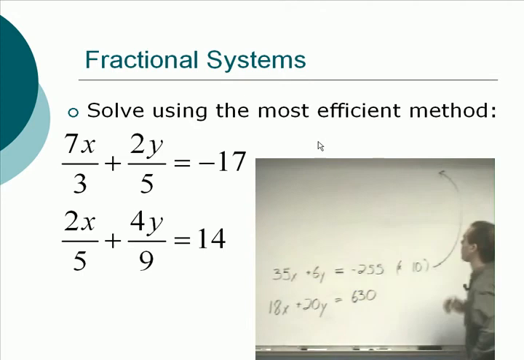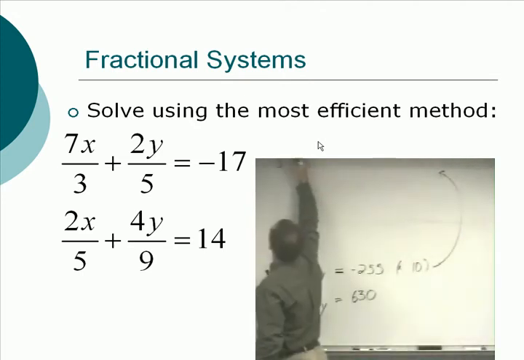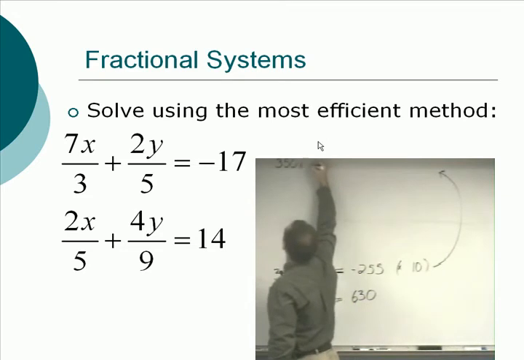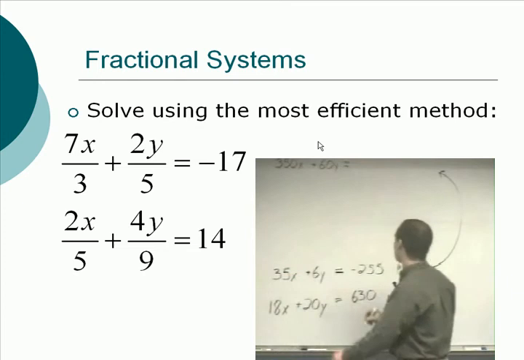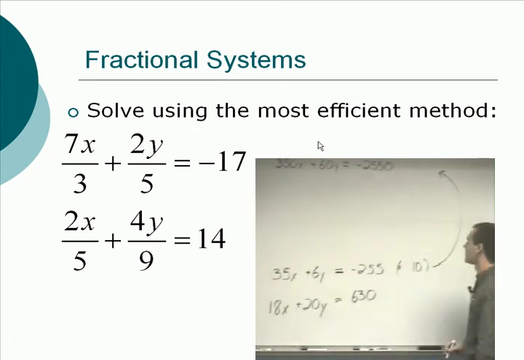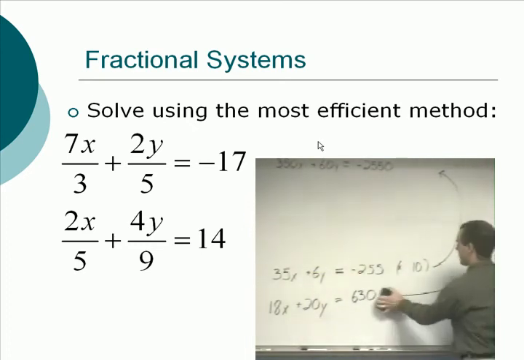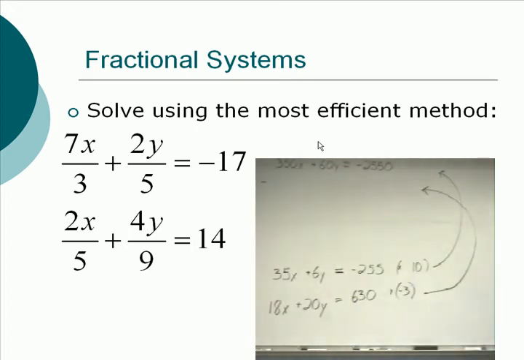Bring that one back up here. We end up with 350x plus 60y equals negative 2550. Okay. Now let's take the bottom one and multiply it by, we want to multiply it by negative 3.